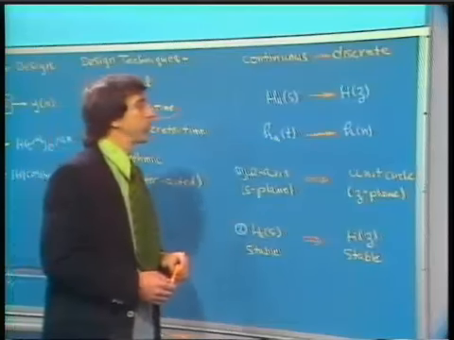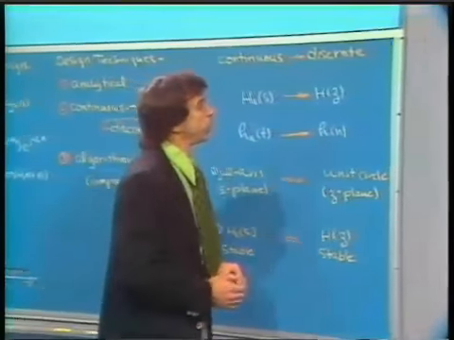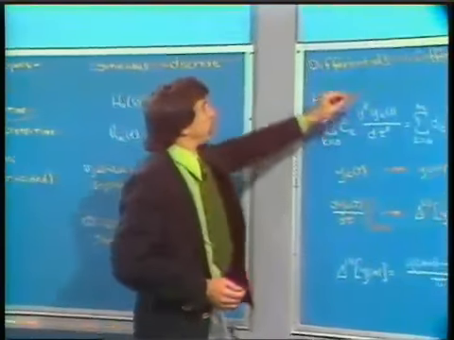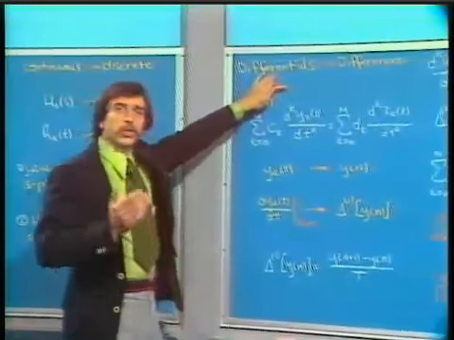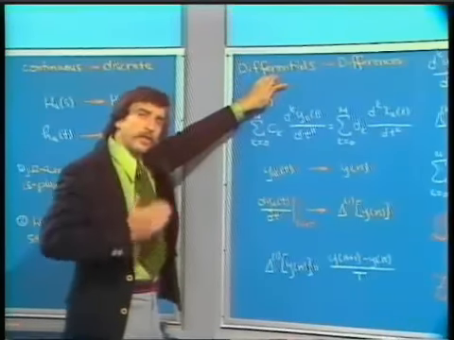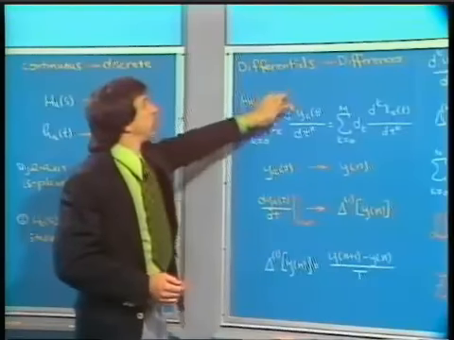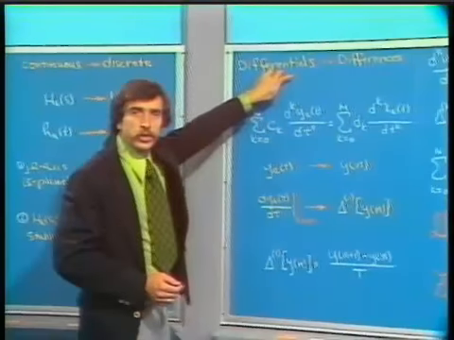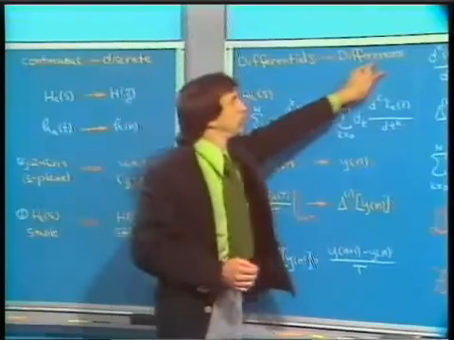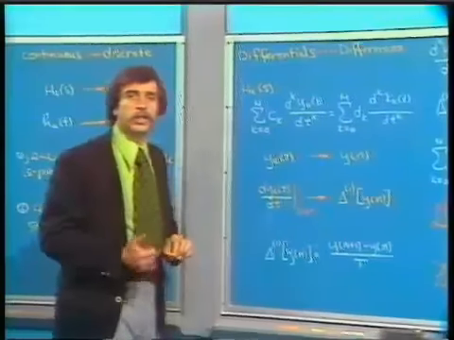So the first method that I'd like to talk about corresponds to going from the analog filter to the digital filter by mapping differentials in the analog domain to differences in the digital domain.